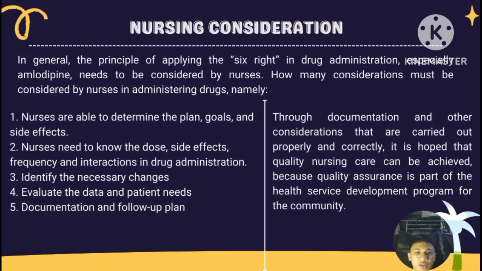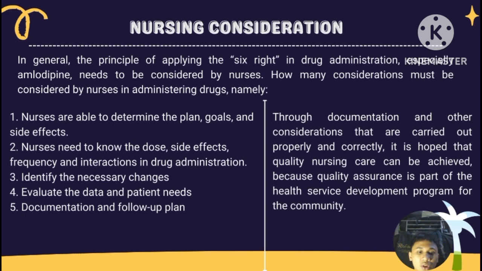Next is nursing consideration. In general, the principle of applying the six rights consists of right patient, right way, right time, right medicine, right documentation, and right dosage, which must be considered by the nurse. First, nurses are able to determine the planned goals and side effects.